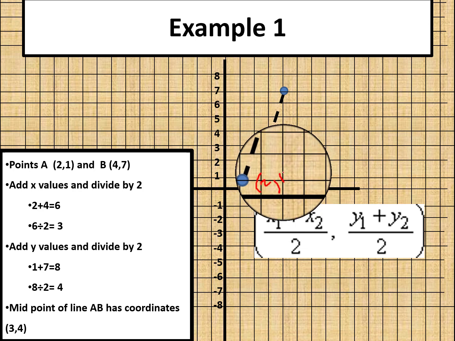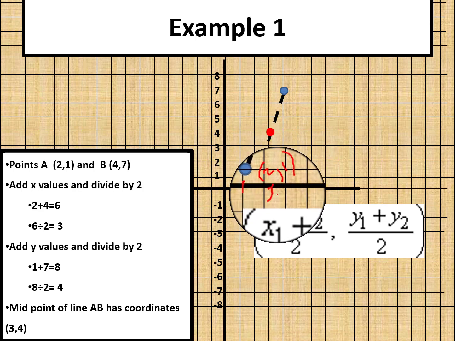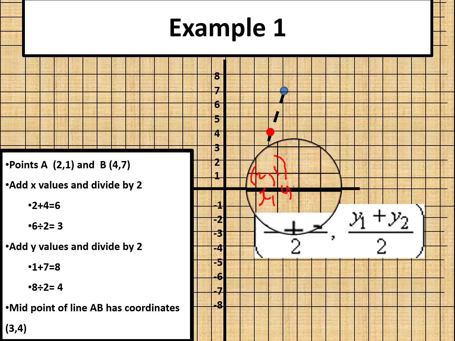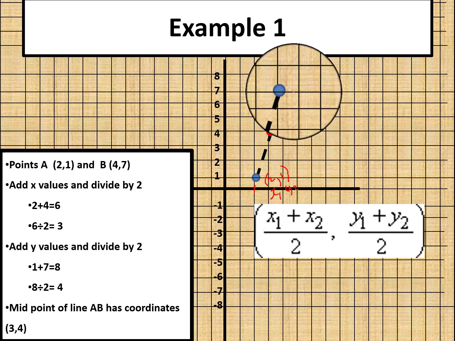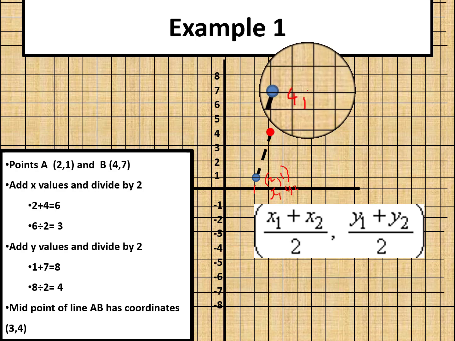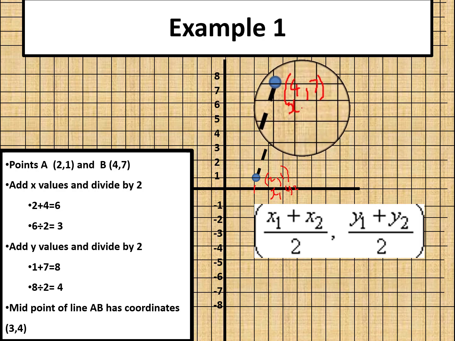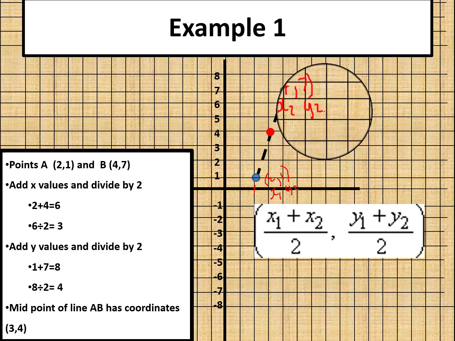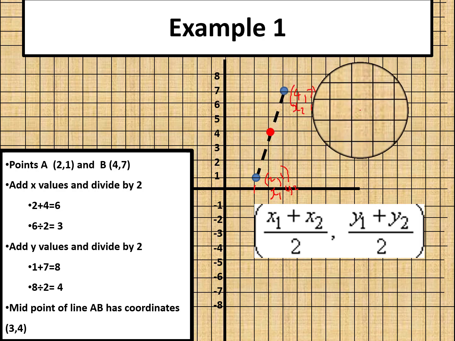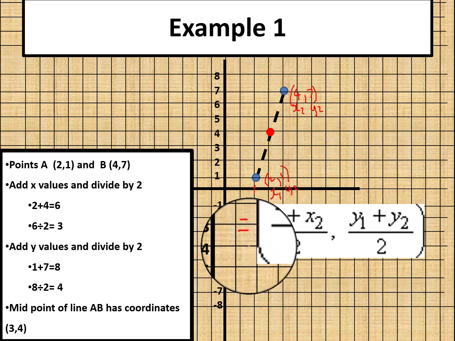That coordinate is 2, 1, because that's 2 there. I'm going to call that the first x coordinate, and that's the first y coordinate. And this one is going to be 4, 7. That's x2, y2. So the midpoint formula, this is called the midpoint formula.